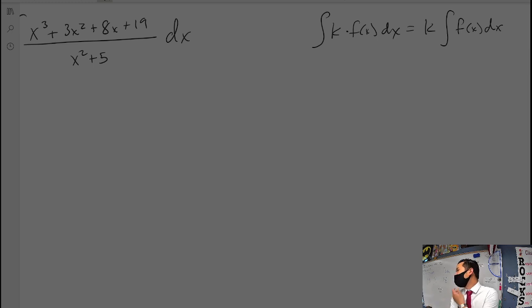Sometimes your u would be x plus 3 quantity squared, or x minus 3 quantity squared. In our case, it's just x. I thought it was x squared plus 5. Yes, it's x squared plus 5, but the u is x. Let's do it one step at a time.